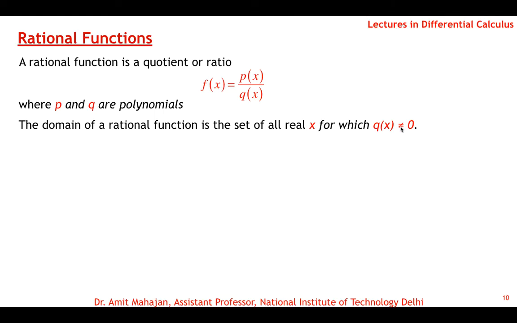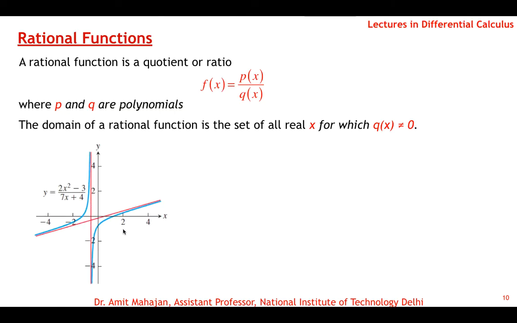The domain of a polynomial is minus infinity to infinity, but a rational function's curve may be passing through the x-axis, so all those points where the denominator becomes 0 will not be part of the domain.